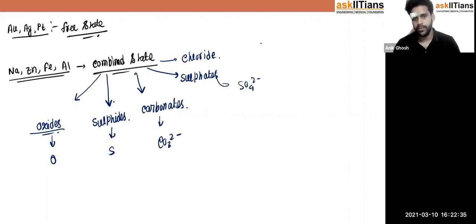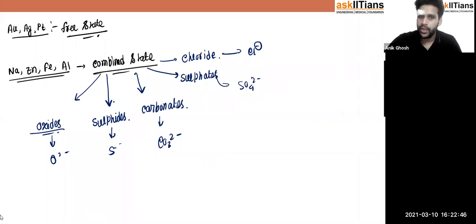This one is S 2 minus, this one is O 2 minus. So these are the combined states of the metals. Now let's see which metal combines with which of the following anions and gives what type of combined states. Let's see.